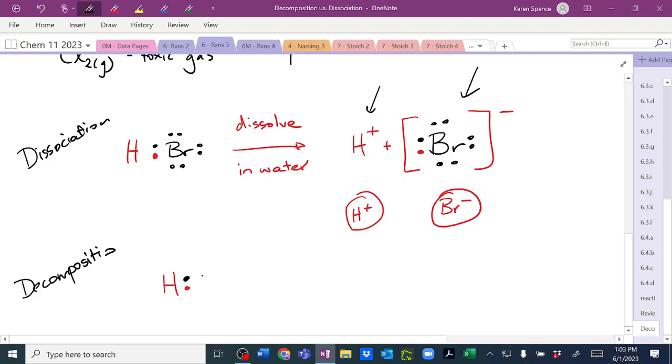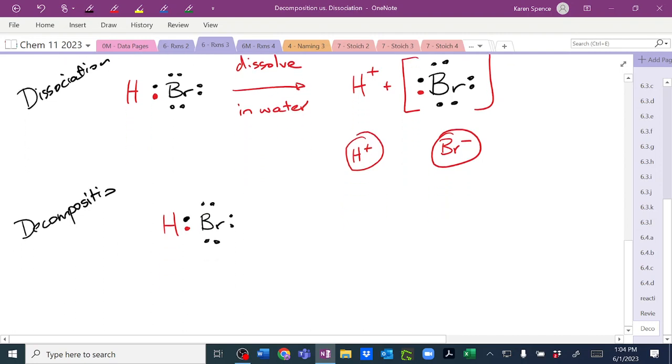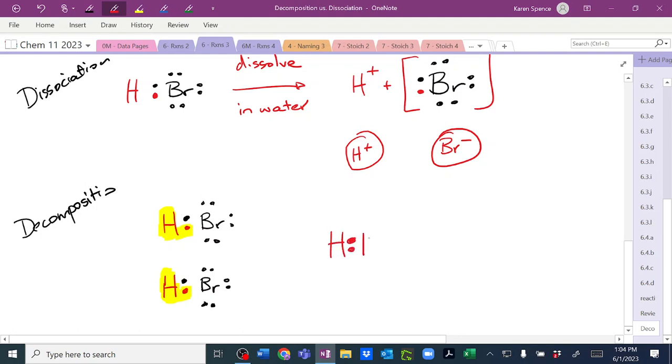So we're going to take bromine here, Br, and we're going to take another one of these because we are going to need another one. These two hydrogens are going to say goodbye to the bromine, and they're going to share their electrons. Do you see how now both of them are satisfied?